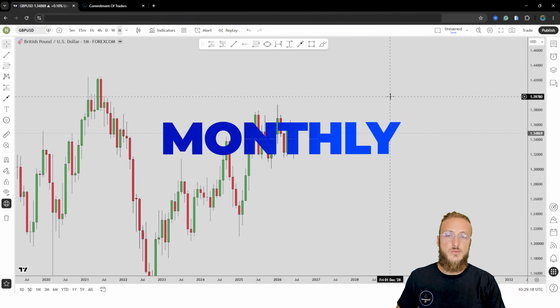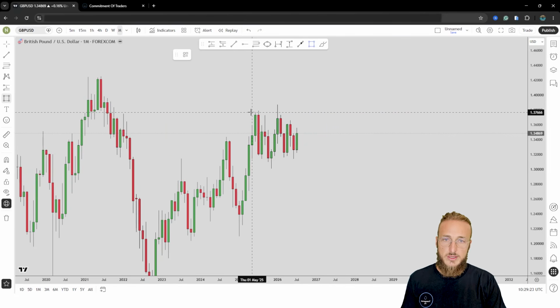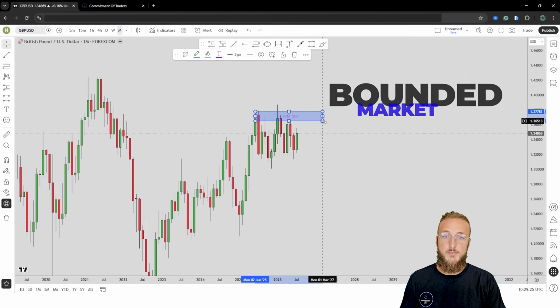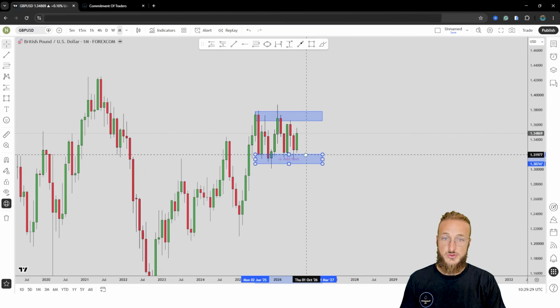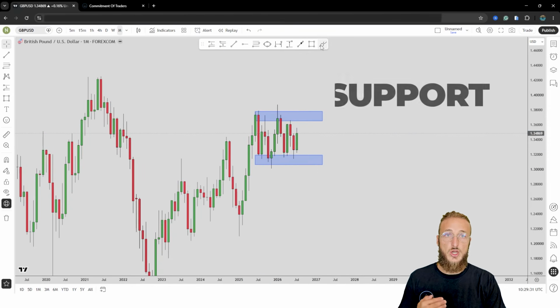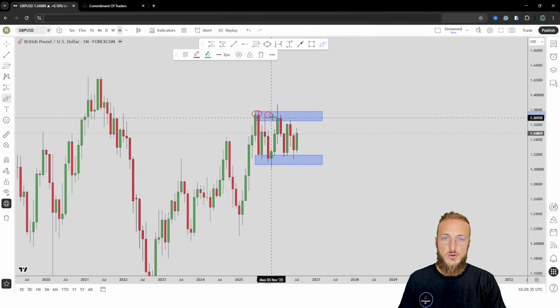Now, starting here from the monthly time frame, what we can see is that we have a market which clearly is in a range bound situation. We have the top of the range currently acting as resistance and the bottom of the range currently acting as support. Of course, the market is testing the zone one time after the other.